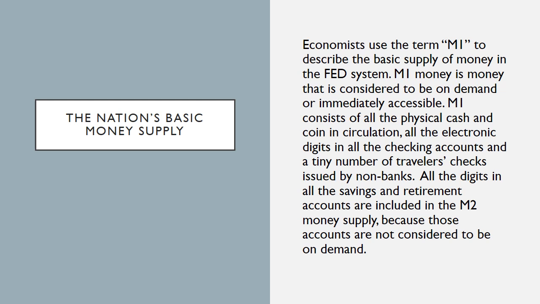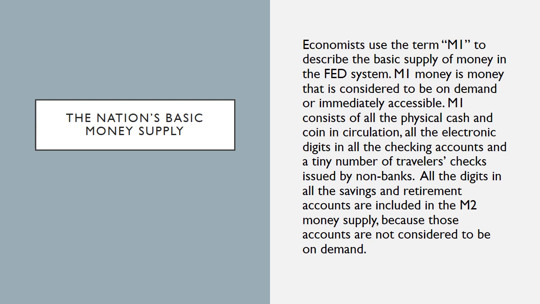The nation's basic money supply. Economists use the term M1 to describe the basic money supply in the Fed system. M1 money is money that is considered to be on demand or immediately accessible.